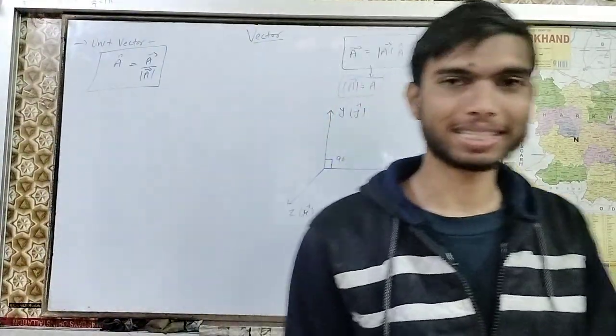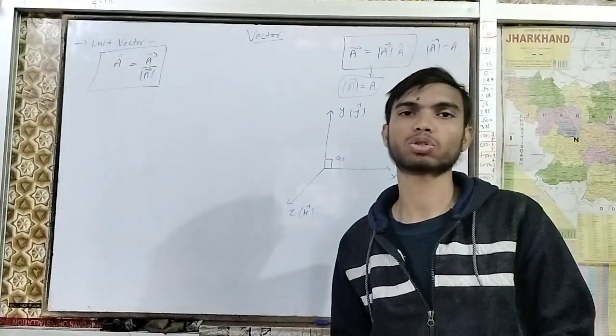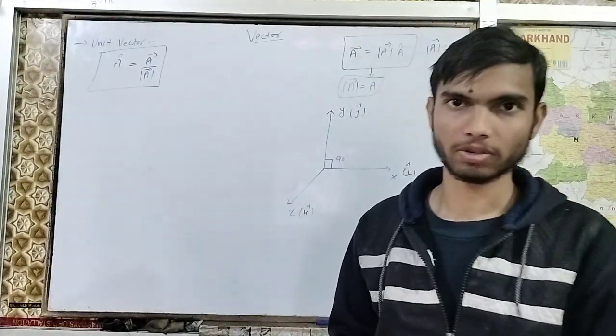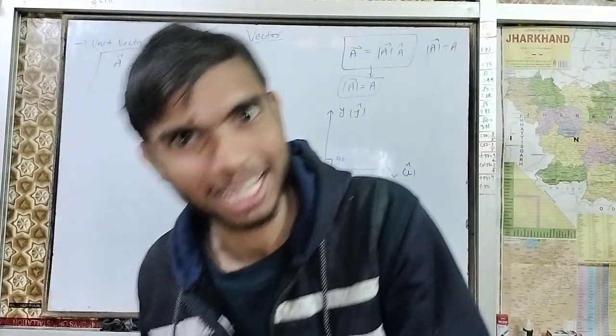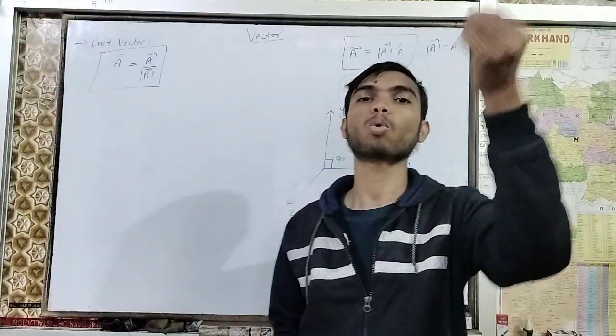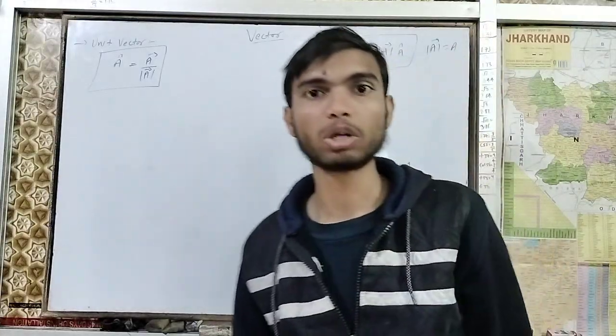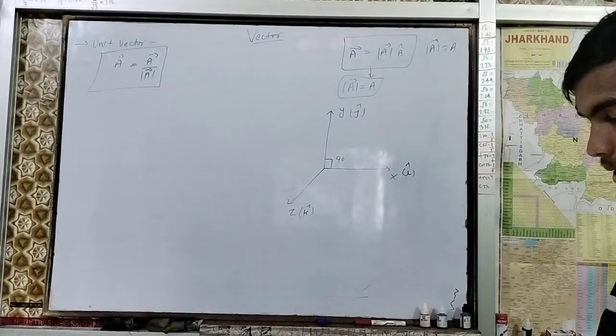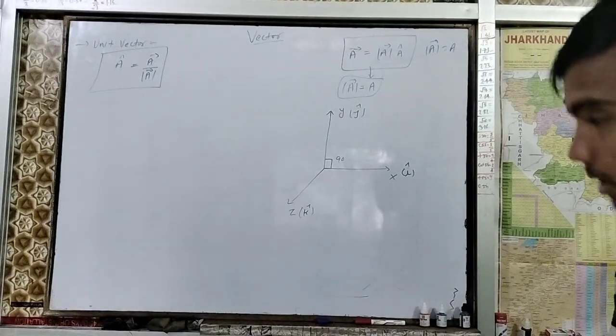So x, y, z is used for coordinates. When we are saying x, y, z, it means we are providing coordinates. It is only coordinates, not having direction. Friend, there are three unit vectors.